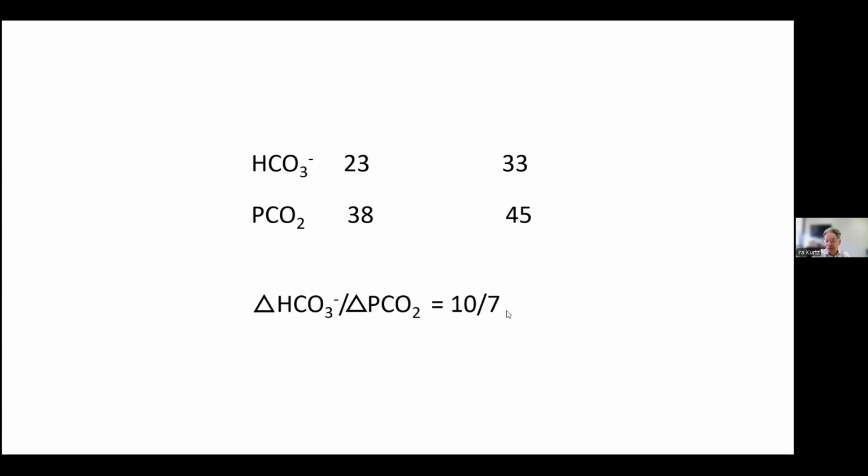Some people, you can flip the ratio too if you want. Some people like putting the PCO2 in the numerator and the bicarbonate in the denominator. Some people like putting the initiating cause in the numerator. So there's many ways to do this, but just come up with an approach that's easiest for you to do conceptually, and also that's the fastest for you.